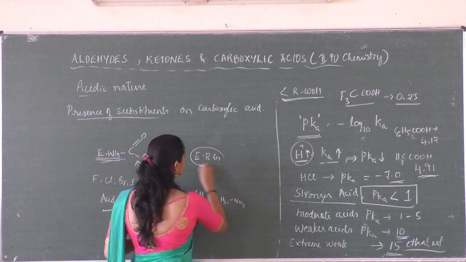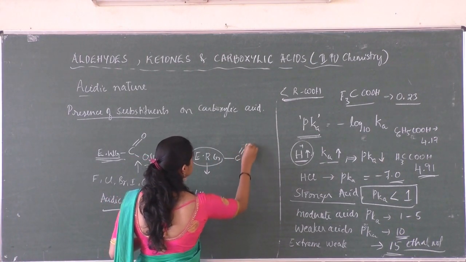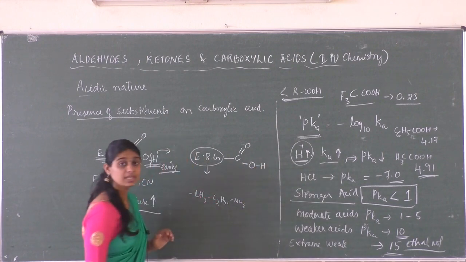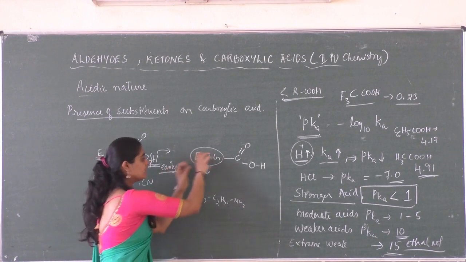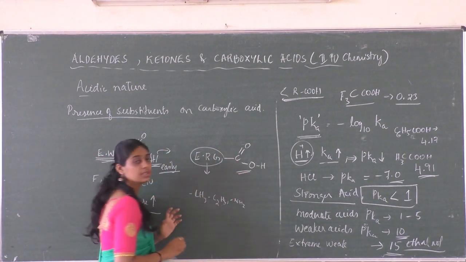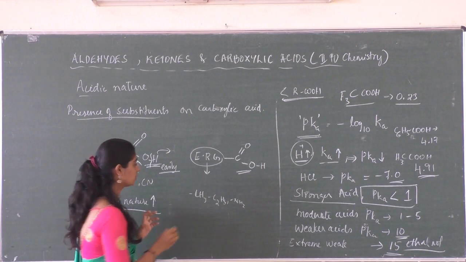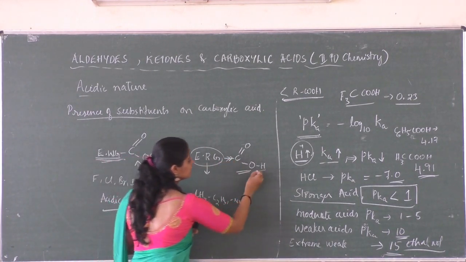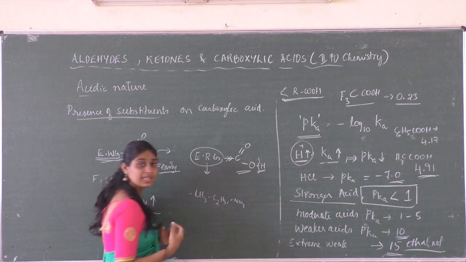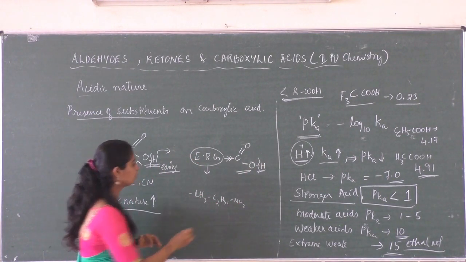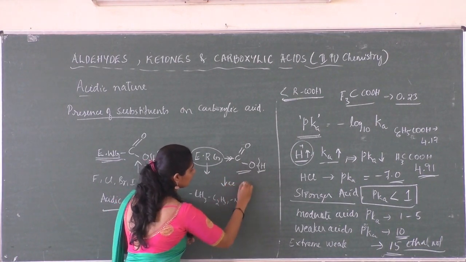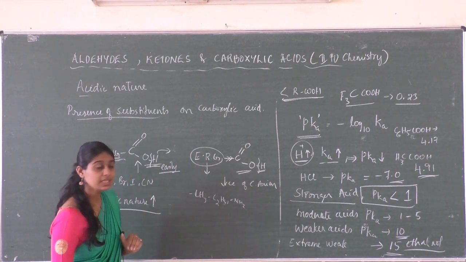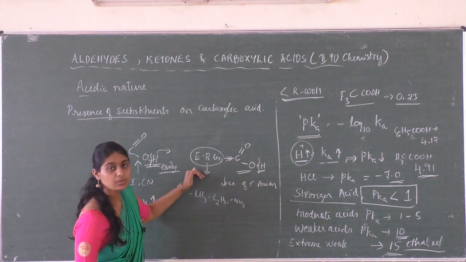When they are attached to the carboxylic acid, they tend to intensify the electron density on the carboxylate anion, giving more electrons. Therefore this hydrogen cannot be released so easily. That decreases the stability of the carboxylate anion. Therefore the acidic strength decreases by the presence of electron releasing groups.